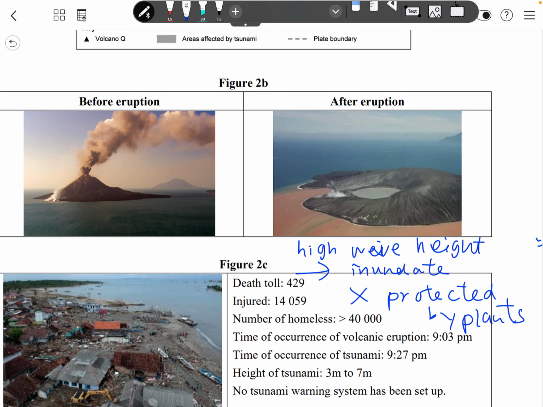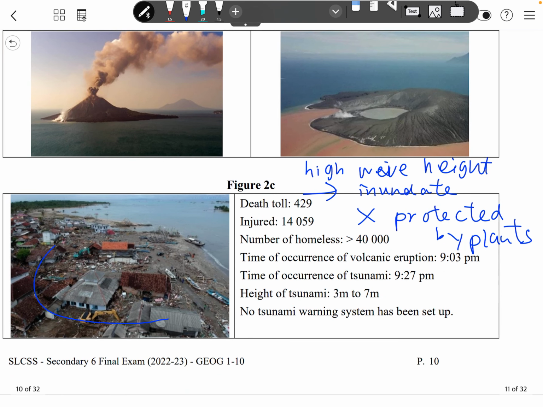They can easily overtop the vegetation and still cause huge damage to the region. Next one, you can see there are a large number of people living here, so the vegetation cannot protect the people. They are exposed to the direct attack of the tsunami. So it's not easy to be covered by the plants.